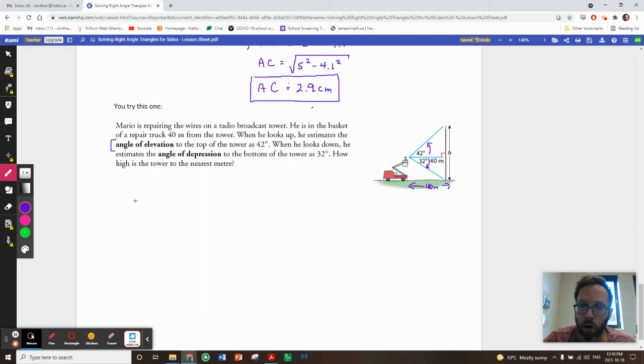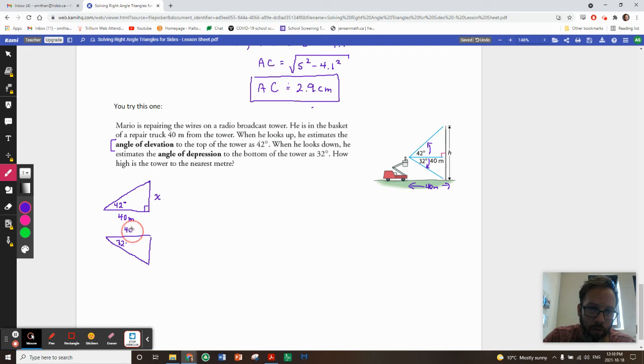So our strategy for these double triangle questions, you would have seen this strategy last year. Often we can break the problem up into two different triangles. So if we look at the upper triangle with the angle of elevation, we know that Mario's 40 meters from the tower, and we're interested in that vertical side, I'll call that X. And we have a second triangle on the bottom with the angle of depression.